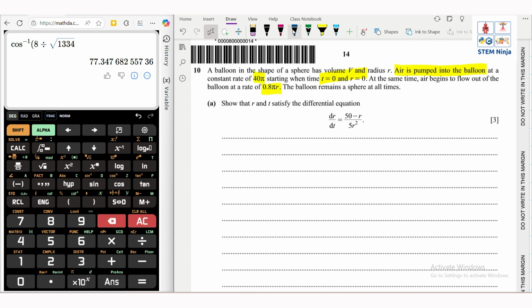Okay, so first off, we know dv over dt. It is increasing at the rate of 40 pi per unit time, and then at the same time minus 0.8 pi r also.